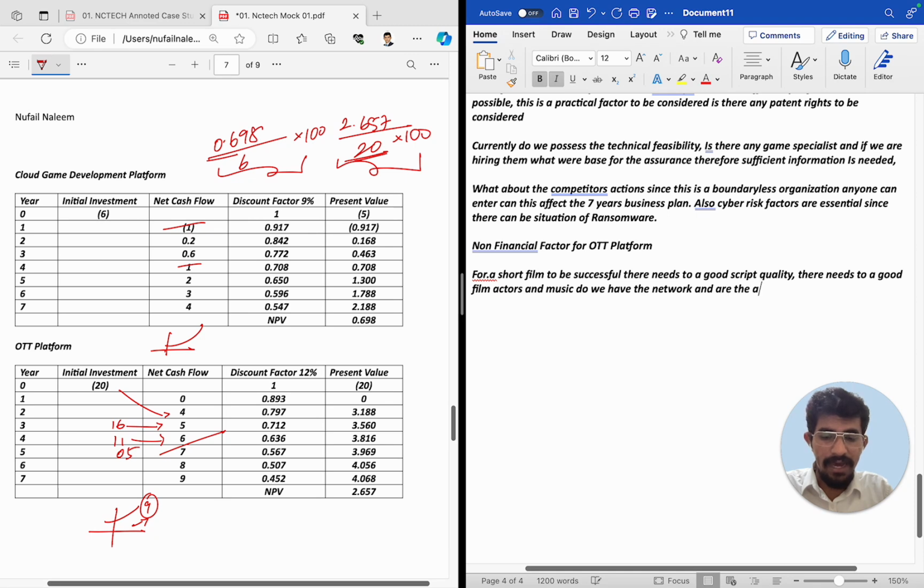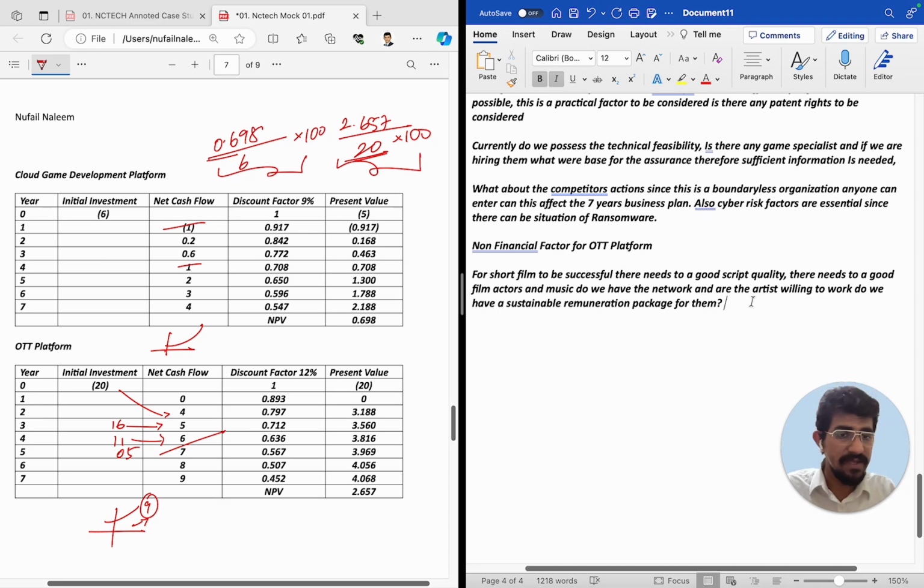And are the artists willing to work? Do we have a sustainable remuneration package for them? That is a question mark we have to raise at the moment, students. That is practical, no, students. Therefore, in this case, we have to be more practical as well. So keep that factor in mind.